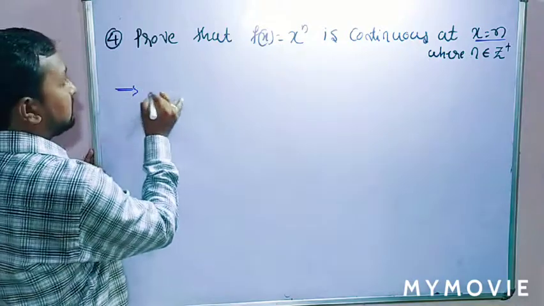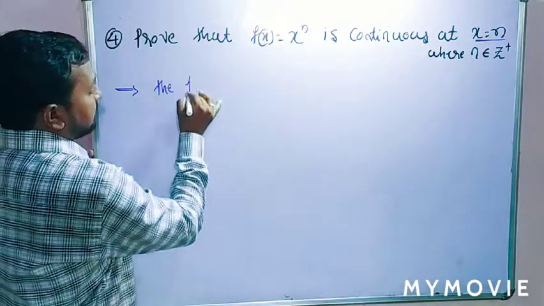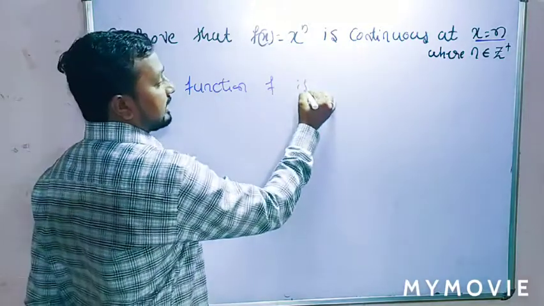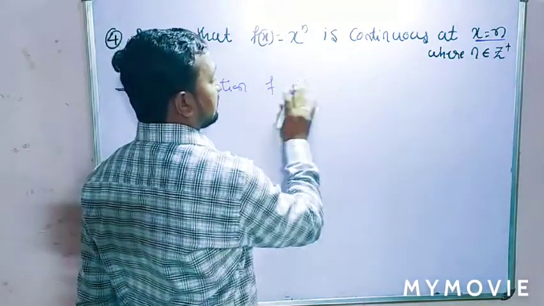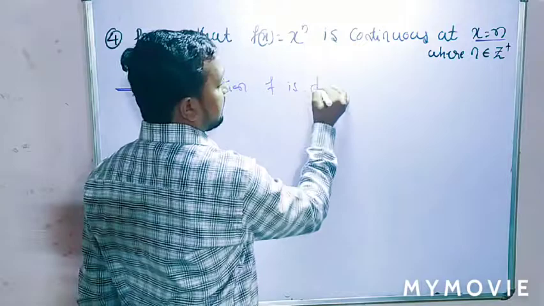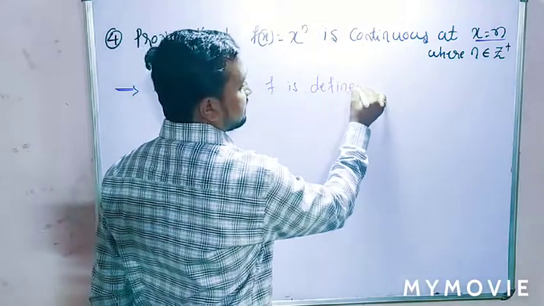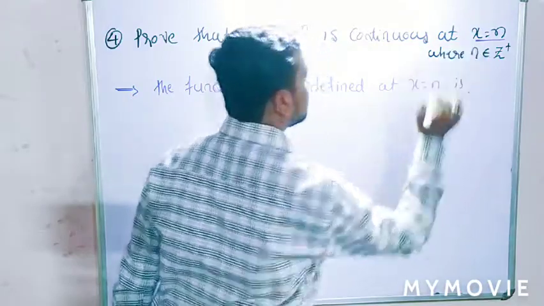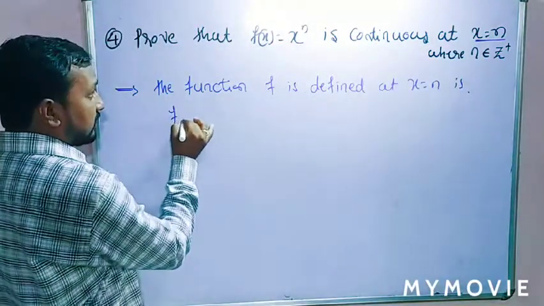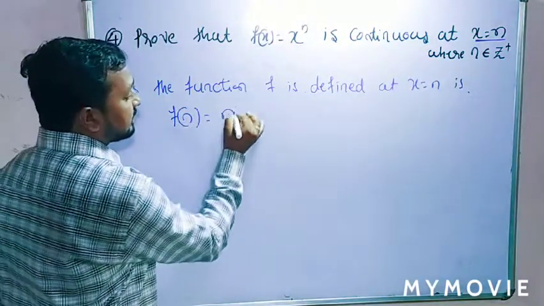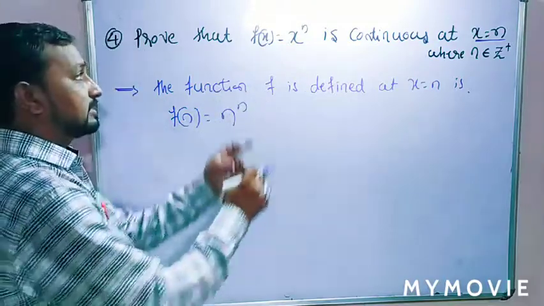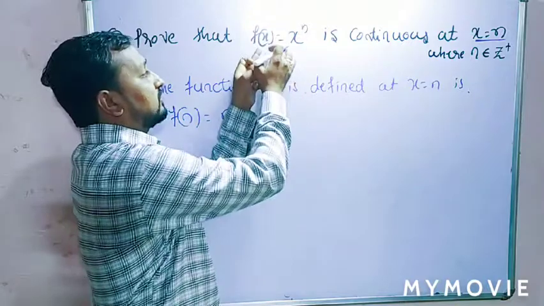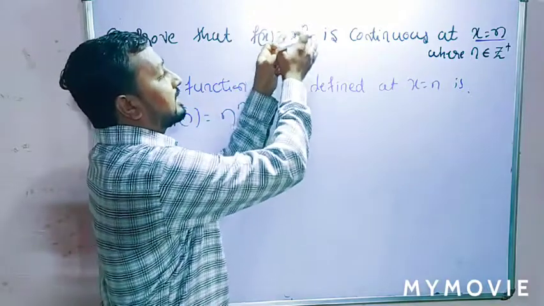Solving this example, the function f is defined at x equal to n. f of n equals n raised to n. Here x is replaced by n. That is, f of x equals x raised to n, f of n equals n raised to n.